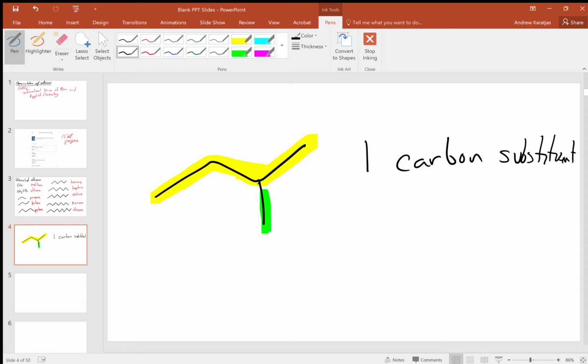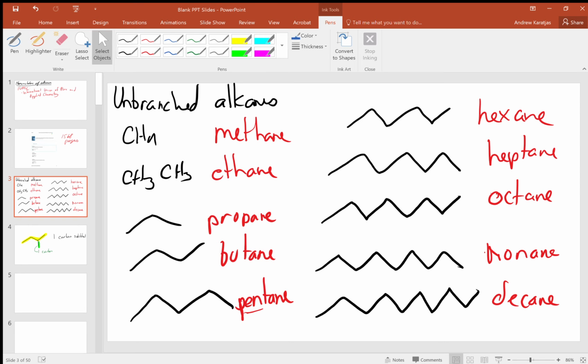By substituent, we're talking about any group that comes off of the primary chain. So we have to have a name for this group. Well, we look at the number of carbons. This has 1 carbon. If we go back to our previous slide, if we had a 1-carbon molecule, we'd call it methane.